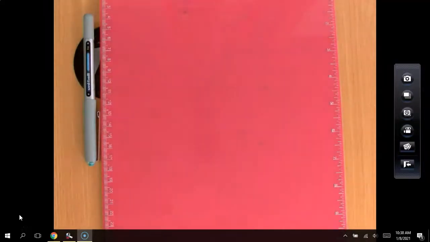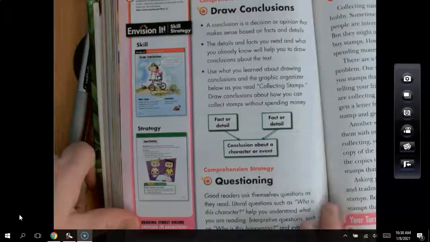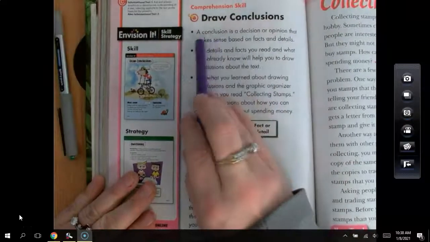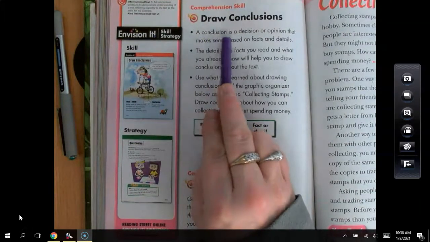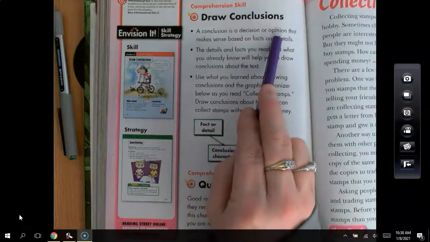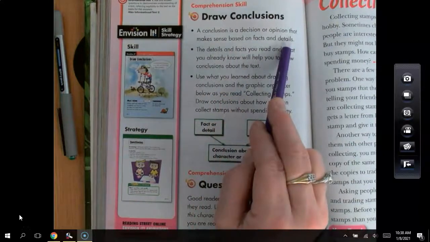Okay, so let's look at page 270. It gives us a little bit more information about drawing conclusions. If you look at our first bullet point, it says a conclusion is a decision or an opinion that makes sense based on facts and details.